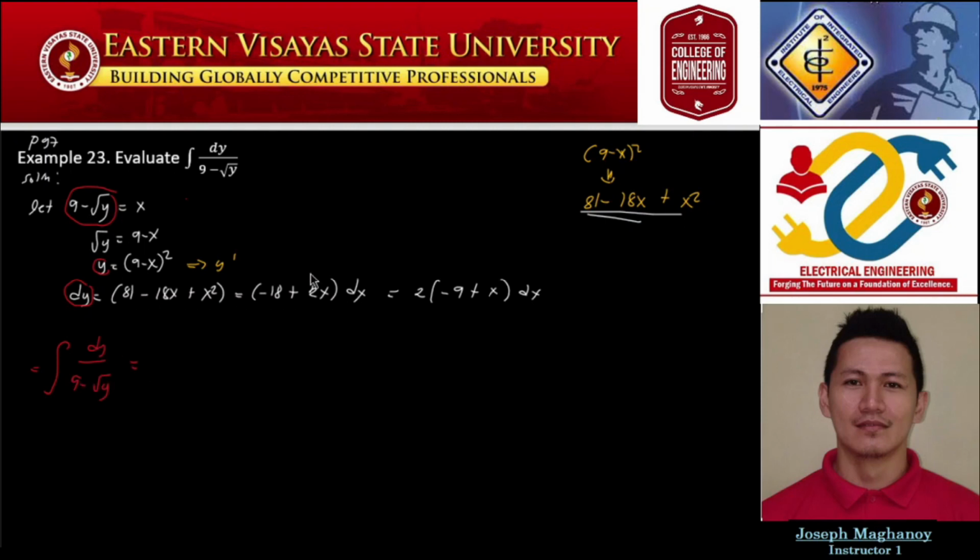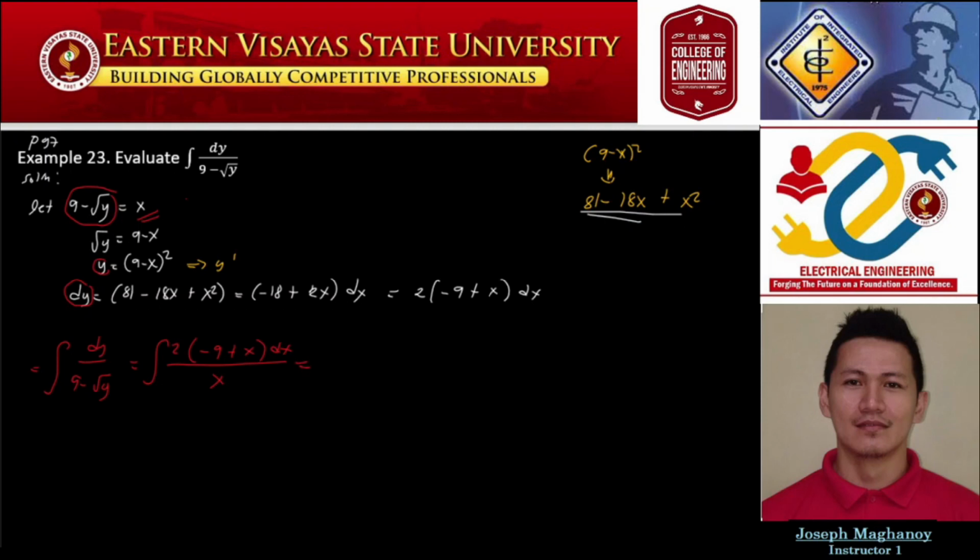So we replace, what is our dy? That is 2 integral of 2 quantity negative 9 plus x dx. How about your 9 minus square root of y? That is equal to your new variable x. So you need to replace that one. So you have an x.